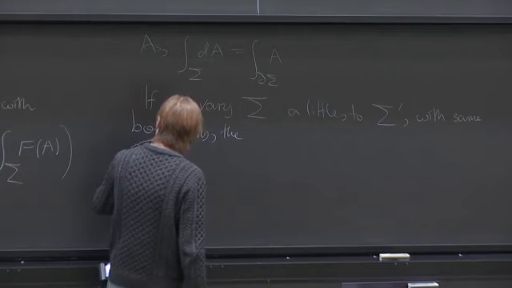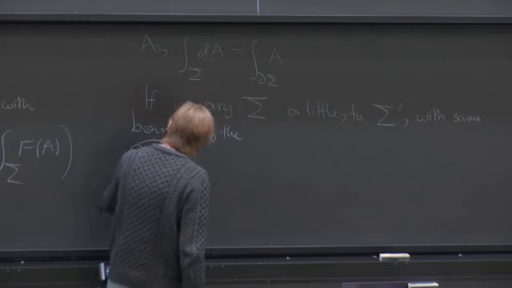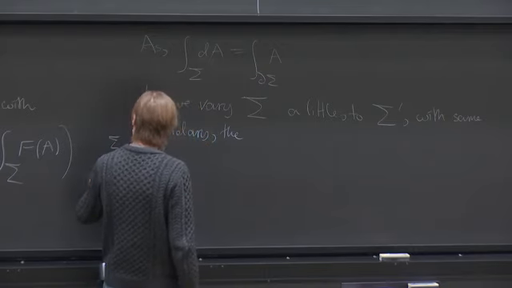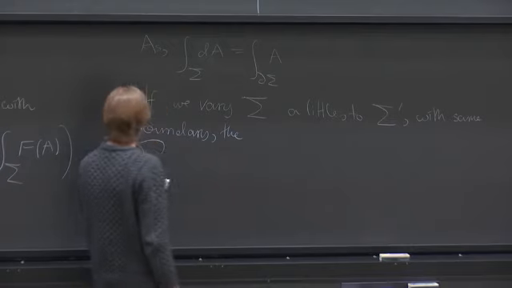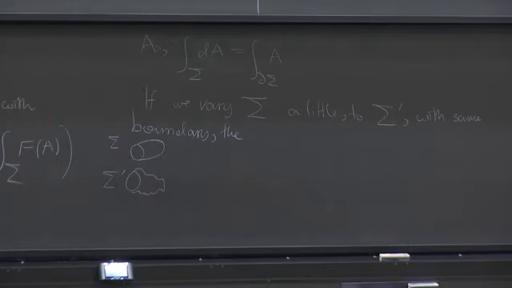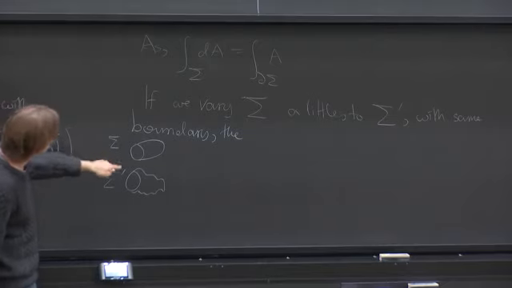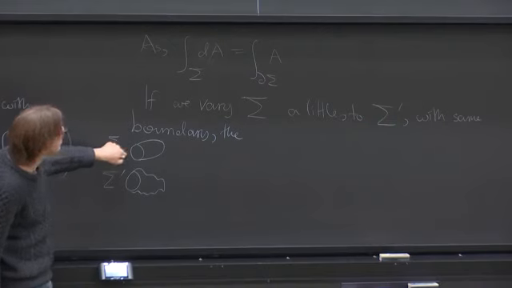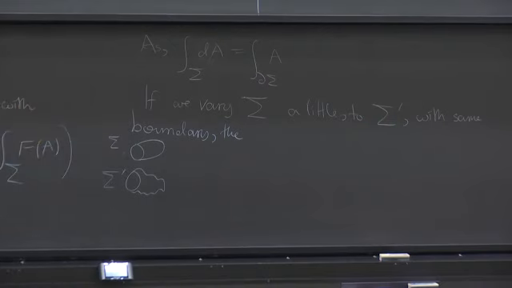There's sigma, and there's sigma prime, some kind of wiggled version of it. Then, kind of like our analysis of Chern-Simons theory, the difference between these guys vanishes because the curvature is a closed two form.